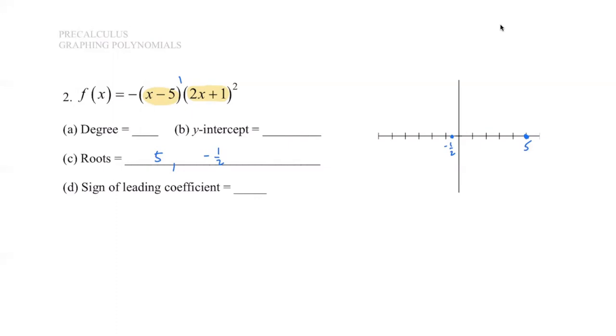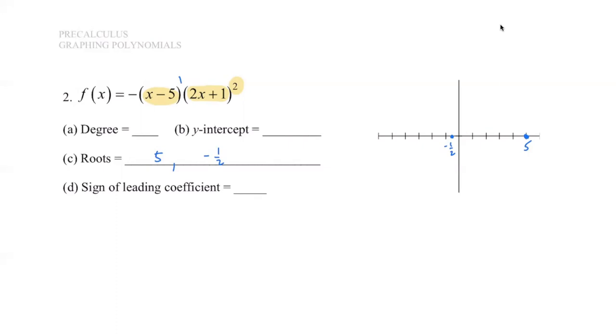Now this is a double. This is a multiplicity of 2. That means we are going to see a bounce.